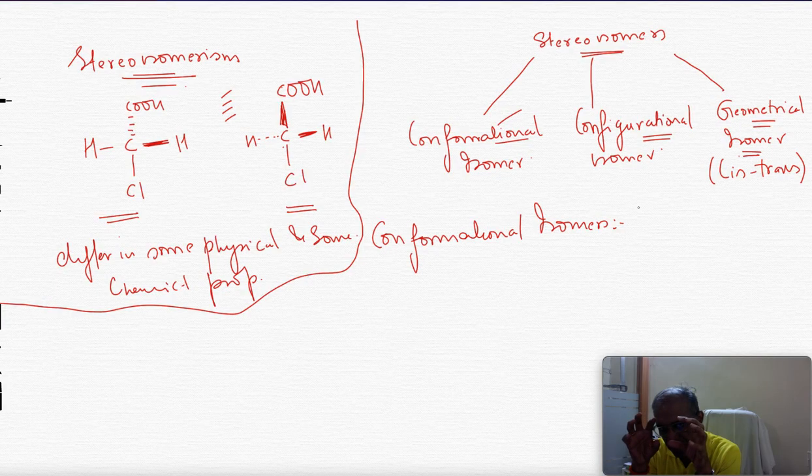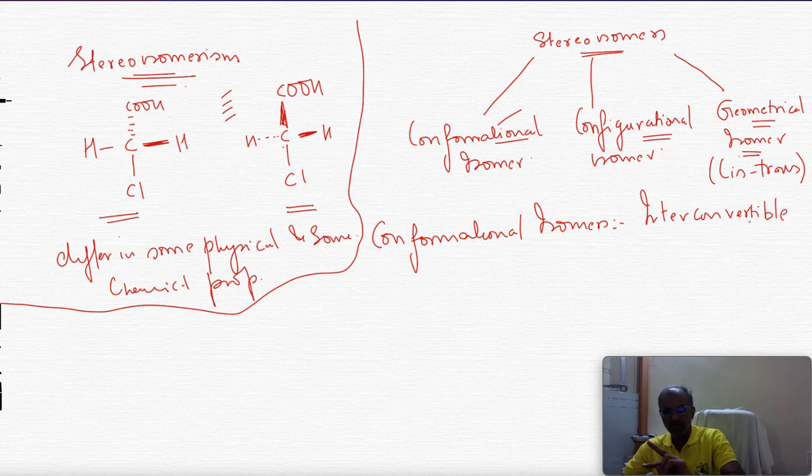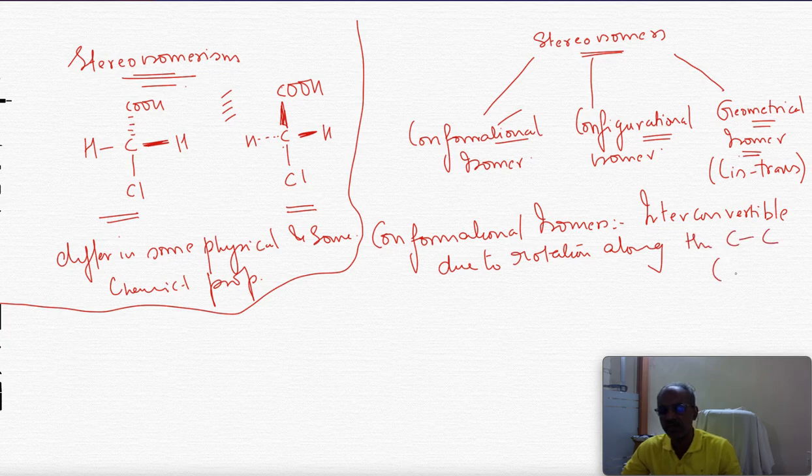Because the interconvertibility of these isomers is due to the rotation along the C single bond C. Interconvertible means they can be converted from one isomer to the other isomer. Interconvertible isomer due to rotation along the C single bond C sigma bond. C single bond C is known as sigma bond.